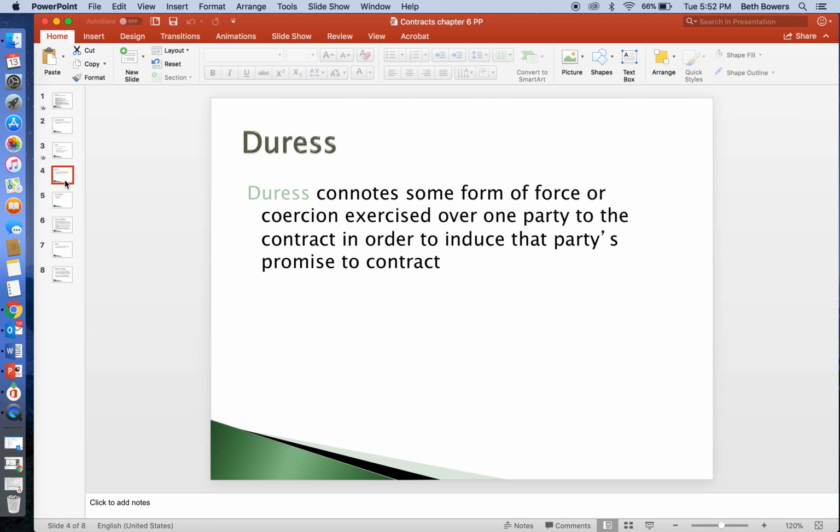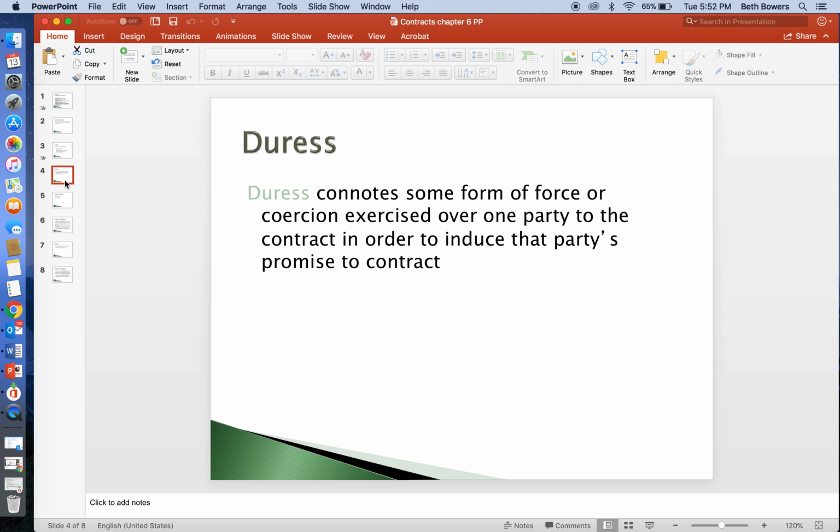When we think about mental duress, it is really important to keep in mind the relationship of the parties. And when mental duress is exercised by someone who is in a close relationship with the innocent party, the one who's being pressured, we call this undue influence.